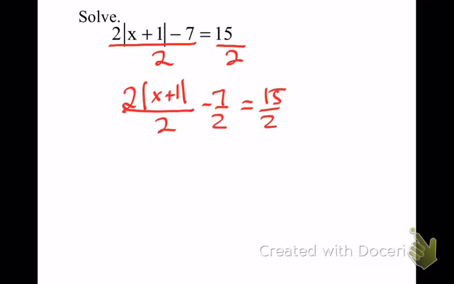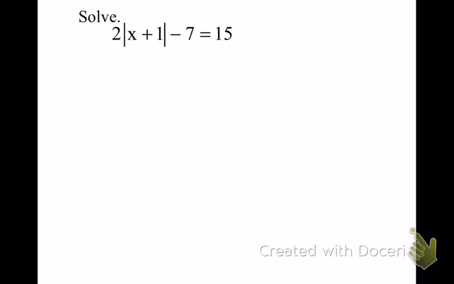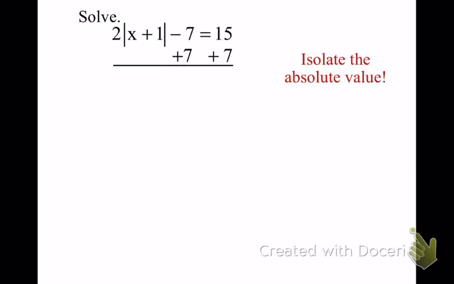Okay, so it's easiest to undo what first? Yep, 7. Addition and subtraction, not just in this problem, in any problem. We undo addition and subtraction first. So we peel from what's further away from the absolute value. So we're going to undo negative 7 by adding 7.